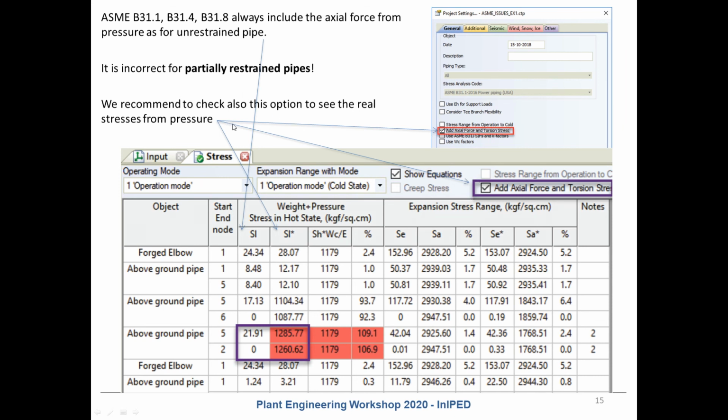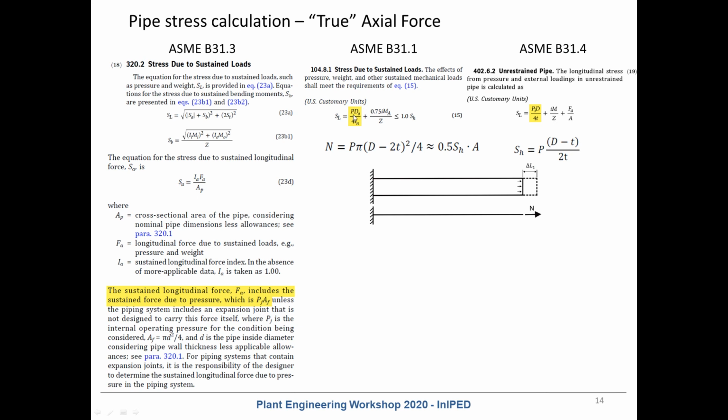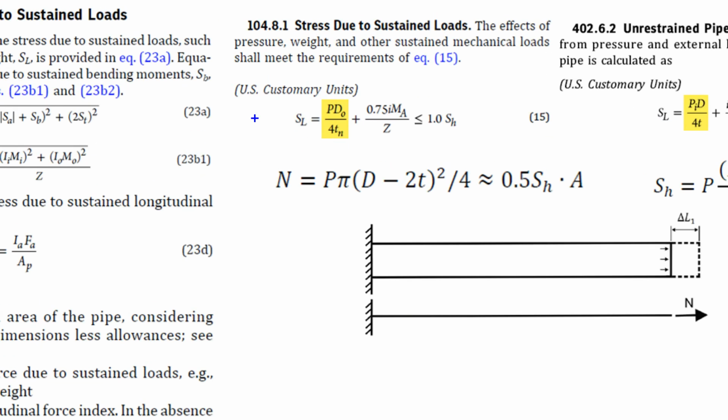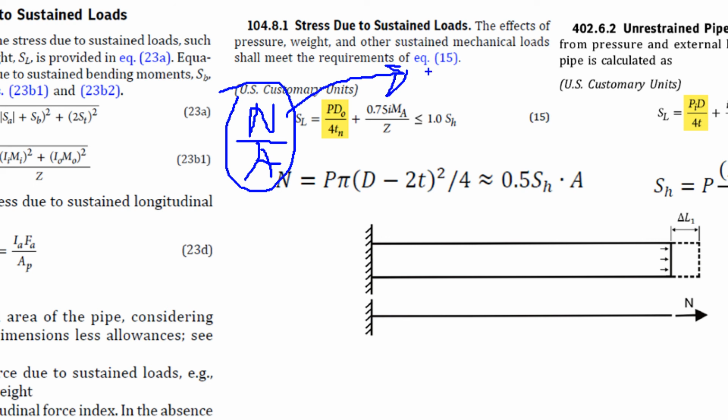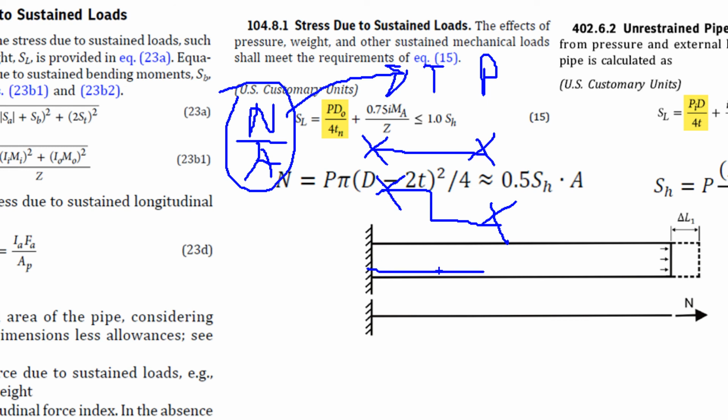It will not use this equation, it will add here the axial force divided by the cross-section area, and this axial force will be calculated considering the thermal expansions and pressure forces caused by the Bourdon effect, and will be correct for restrained pipes, for partially restrained pipes, and for unrestrained pipes.